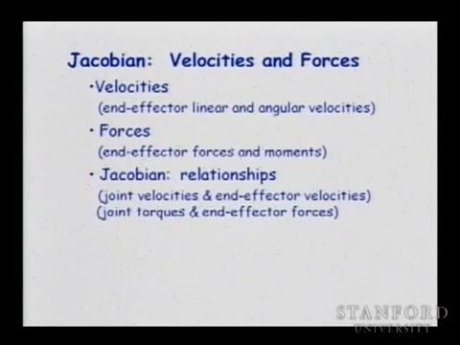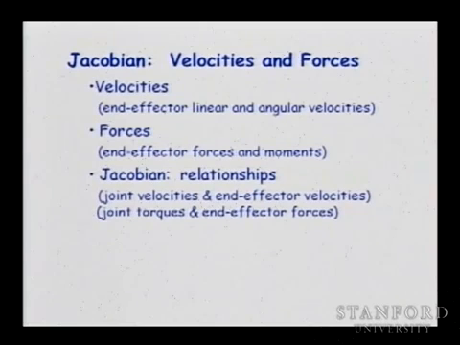Now, once we know the geometry, that is, we know where the end effector is, where each link is with respect to the others, then we can use this information to come up with a description of the second important characteristic in kinematics, and this is the velocities. How fast things are moving with respect to each other.